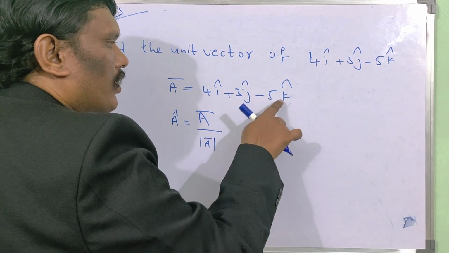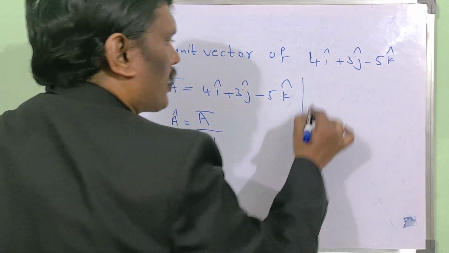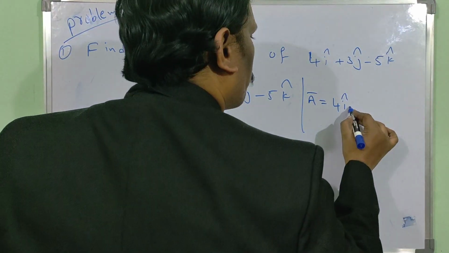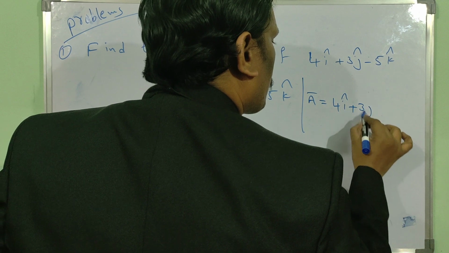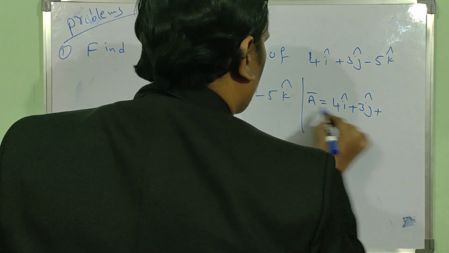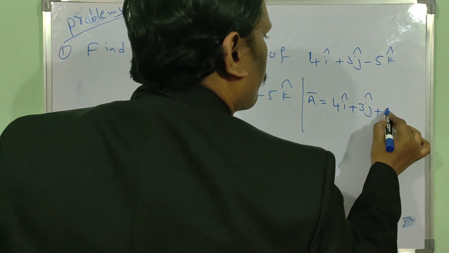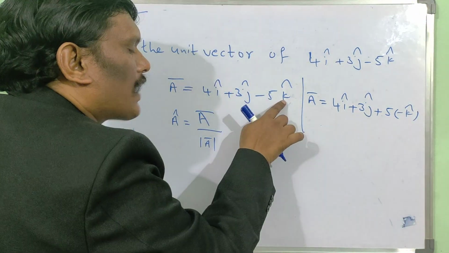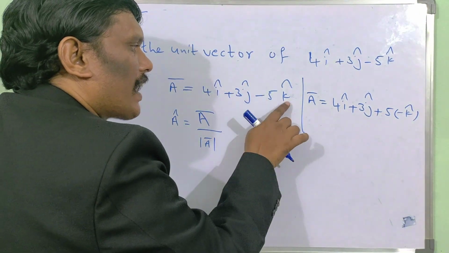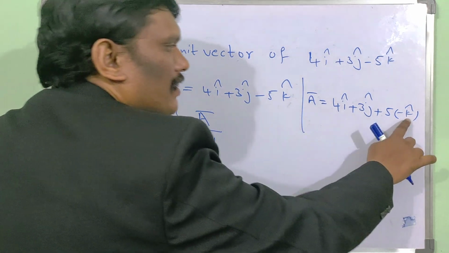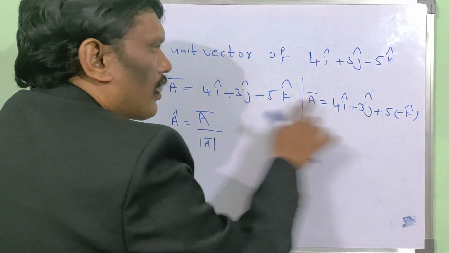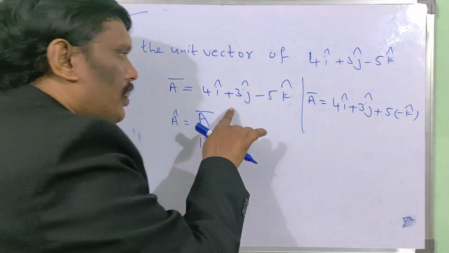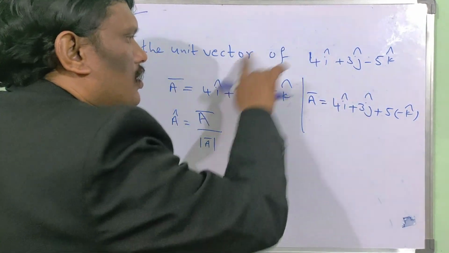What is the meaning of this one? Let us see. A bar is equal to 4i cap plus 3j cap plus 5 into minus k cap. This minus is actually the direction. That is why we write minus k cap: plus times minus gives minus. But actually this is the original notation.